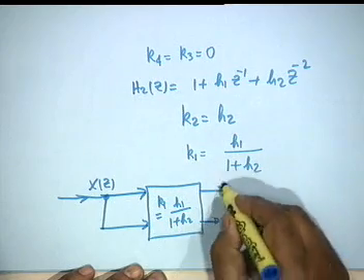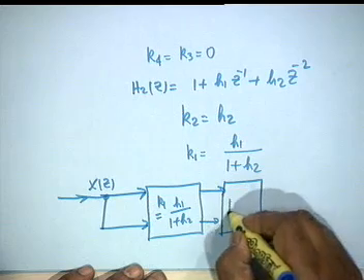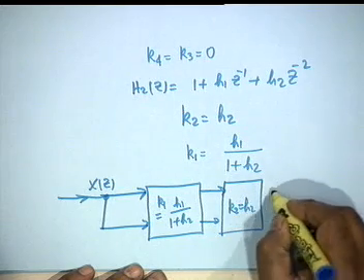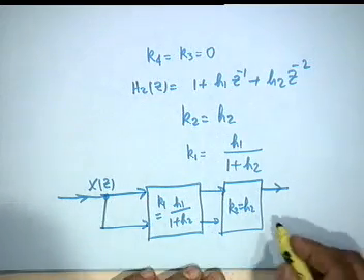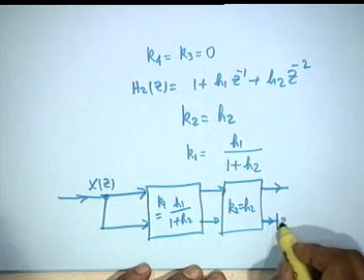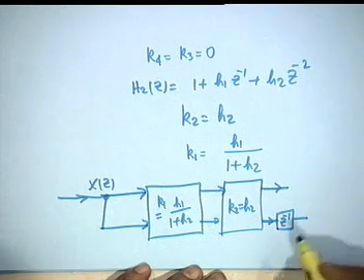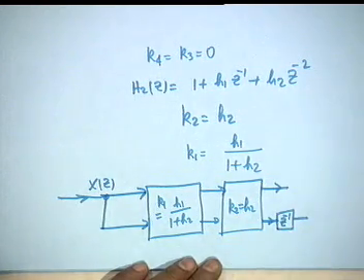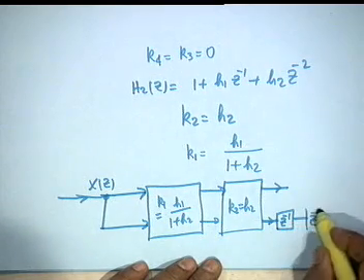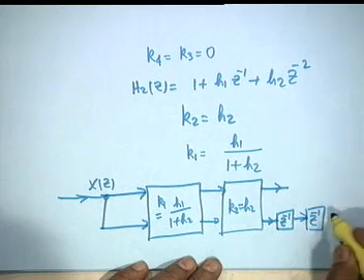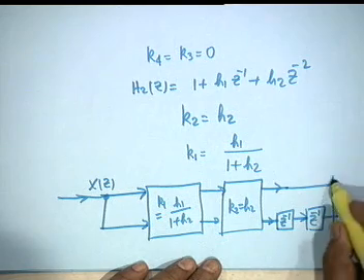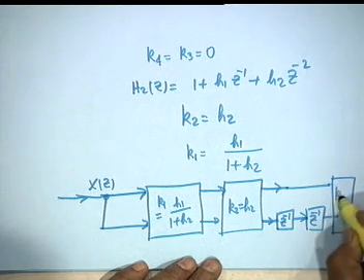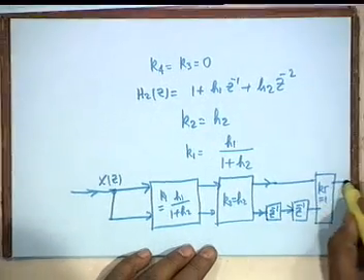The next block is K2, which is equal to H2, and then K3 and K4 are 0. So what we shall have here is Z inverse, no crisscross, they are 0. The next one is also a Z inverse, K3, K4, no crisscross, and then finally we have a K5 equal to 1. This is the output.